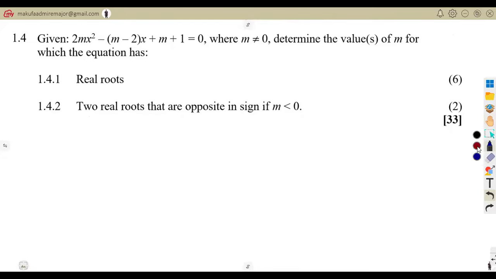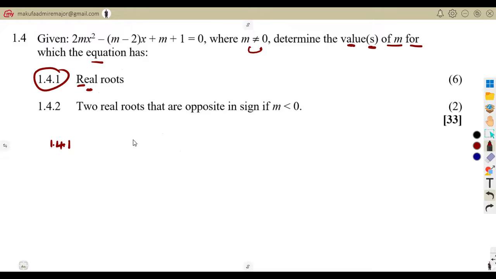Then on 1.2, you're given 2mx squared minus this, all right? Where m is not equal to 0, determine the value or values of m for which the equation has real roots. For this equation to have real roots, we do understand this is a normal quadratic. We are talking about the quadratic roots.